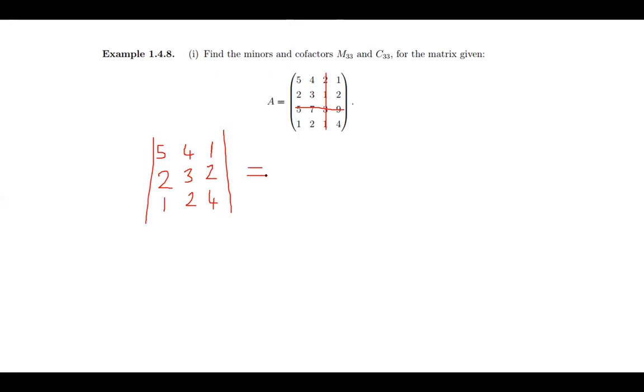And we know when you're finding the determinant of a 3 by 3 matrix, you multiply the first number, open brackets, with its minor. So the minor of this number is 3 by 4, you get 12, and then 12 minus 2 by 2, you get 4.